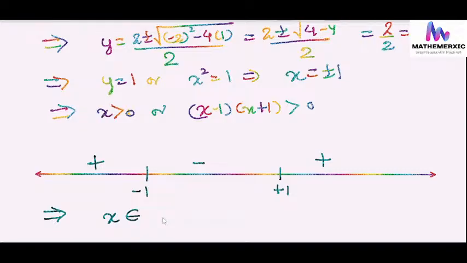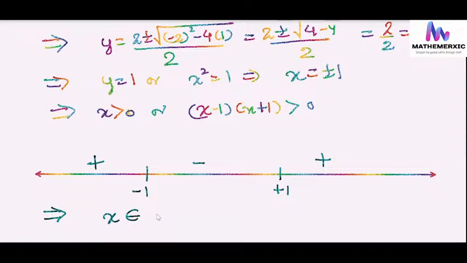It should be greater than 0, and also greater than 1 basically. So I can say that this part is justified for this one.